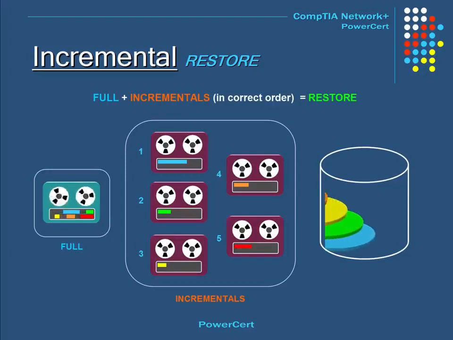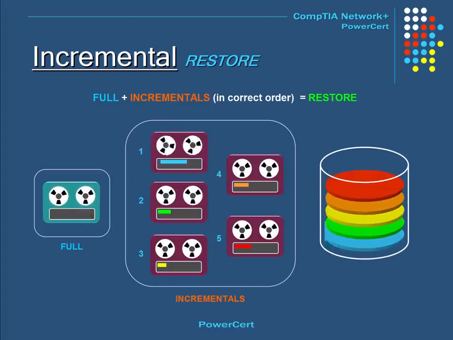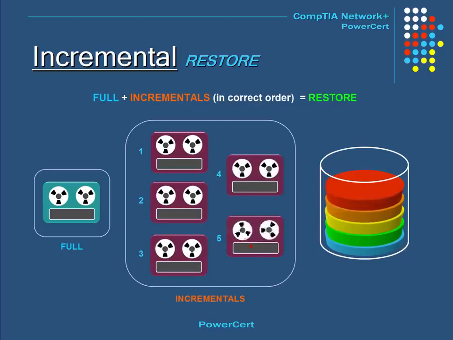We'll go ahead and restore the full backup tape first, and then we'll restore the incrementals from Monday through Friday in the correct order. And now we have a full restore of our data for that week.